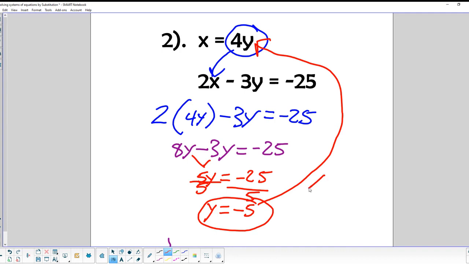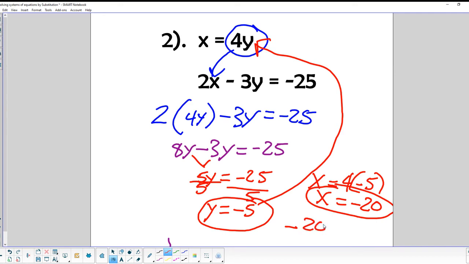And that'll give us x equals 4 times negative 5, or x equals negative 20. So then, to summarize, our final solution will be (negative 20, negative 5). That will be the ordered pair where these two lines intersect.